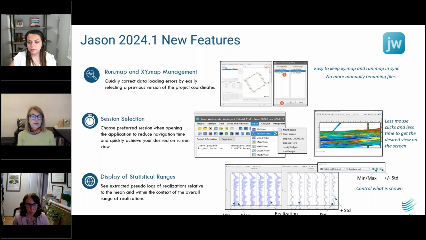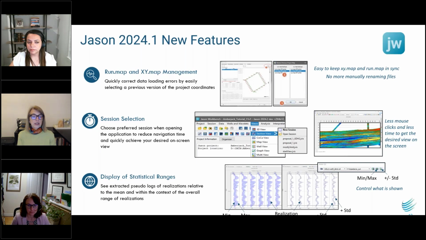Now we've introduced the ability to choose, through a little set of icons as you see on the right, if you want to show the min-max of all of the realizations, or plus or minus 1 standard deviation.